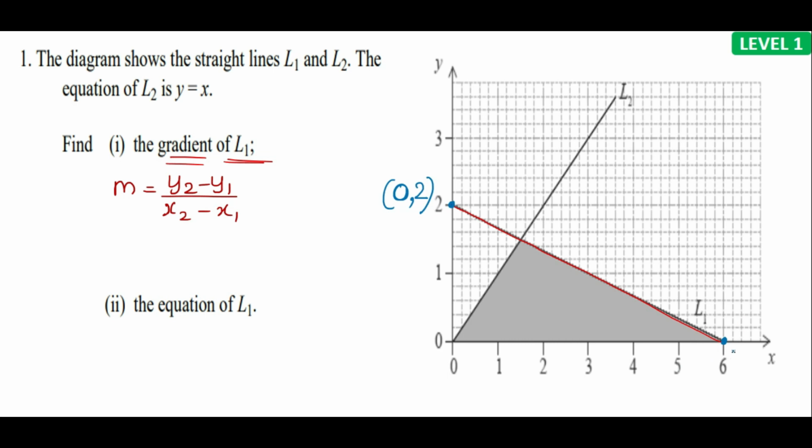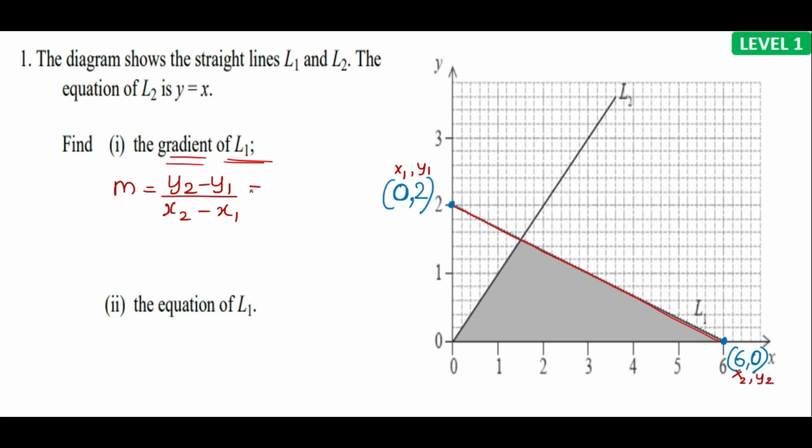From this side, a point on the x-axis, we know the value for x is 6 and the y coordinate will be 0. So you have the two points identified, marking them as x1, y1, and this is going to be x2, y2.